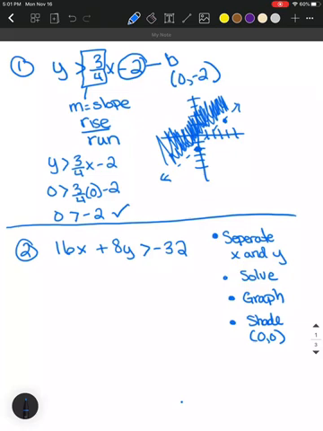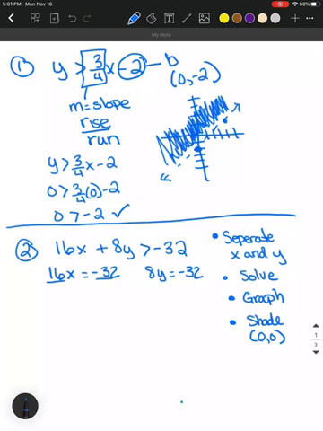Let's separate x and y. I have 16x is equal to negative 32, and I have 8y is equal to negative 32. That's what I mean when I say separate x and y. We're just going to solve these one-step equations.